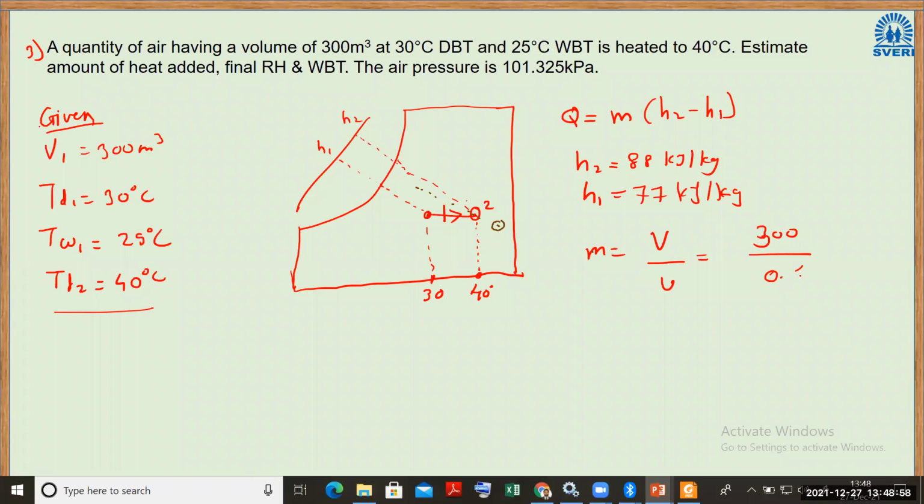So it will be 300 divided by 0.885. Calculate this value, and ultimately you can calculate the heat added. Okay, so the unit here is meter cube, this is meter cube per kg, and this unit will be in kg. Calculate the value, and the total unit here will be in kilojoules.